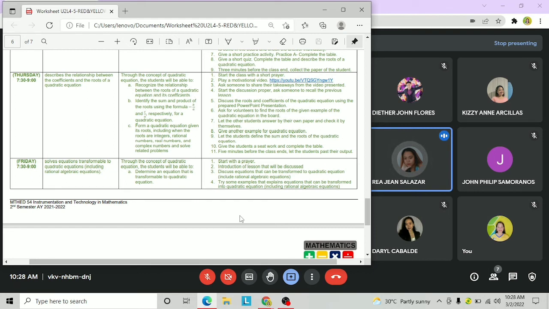Fifth, discuss the roots and coefficients of the quadratic equation using the prepared PowerPoint presentation. Sixth, ask for volunteers to find the roots of the given example of the quadratic equation on the board. Seventh, let the other students answer on their own paper and check it by themselves.